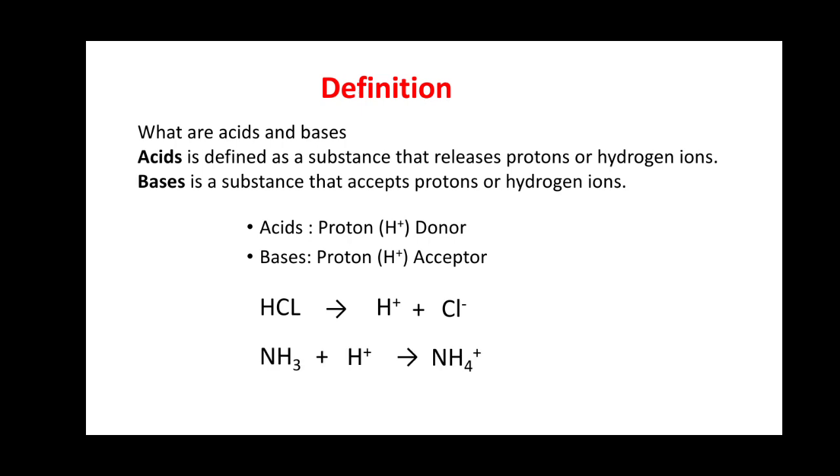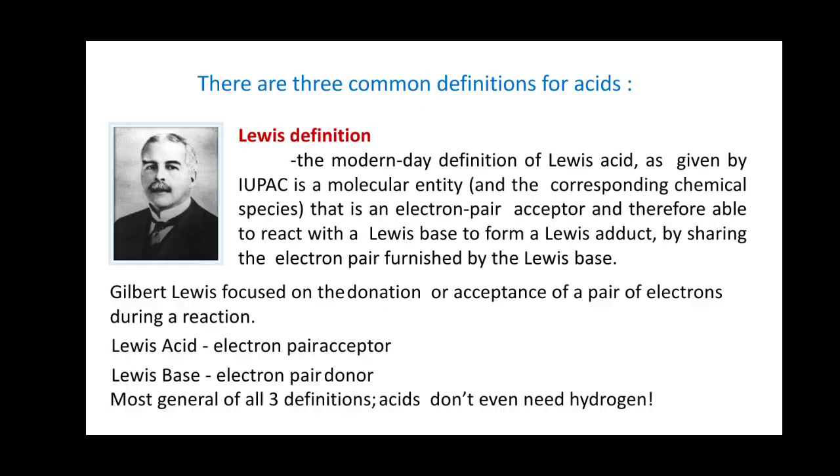The example for acid will be HCl. It donates H plus ions and Cl minus, and for base NH3, it accepts the proton as an acceptor and releases NH4 plus. So there are three common definitions for acids and bases.